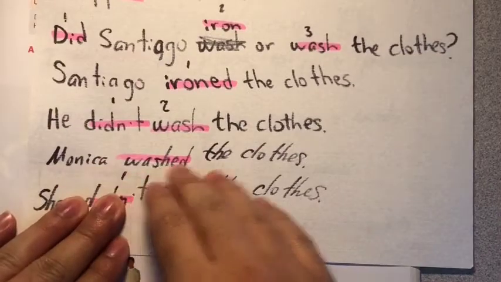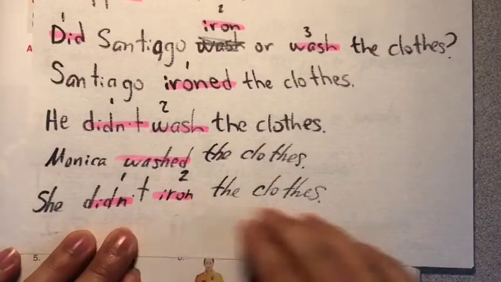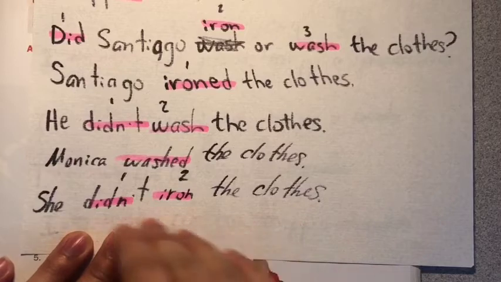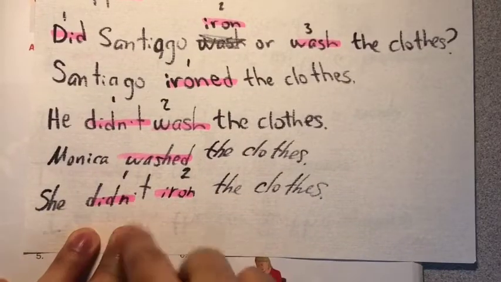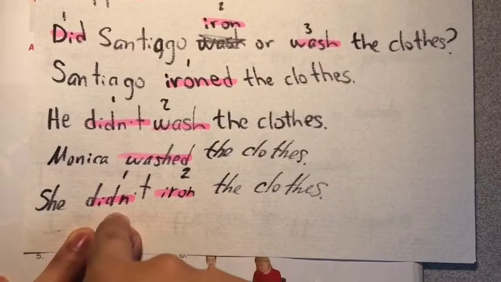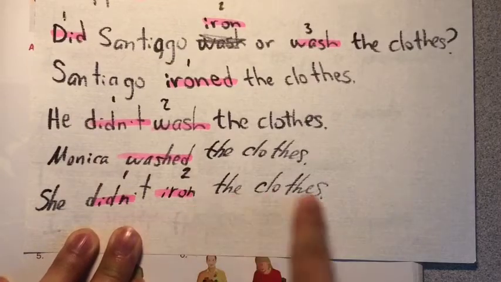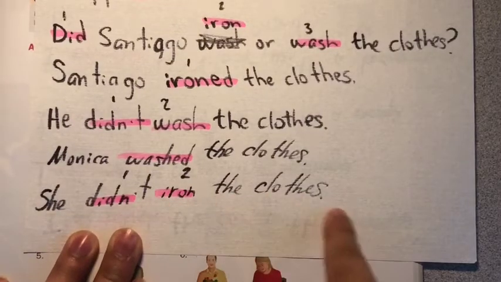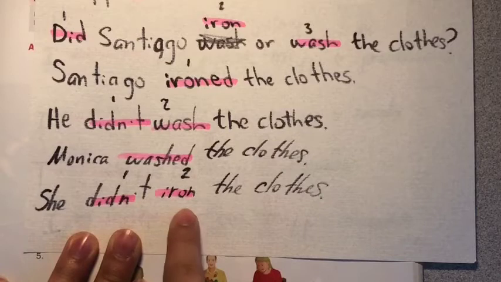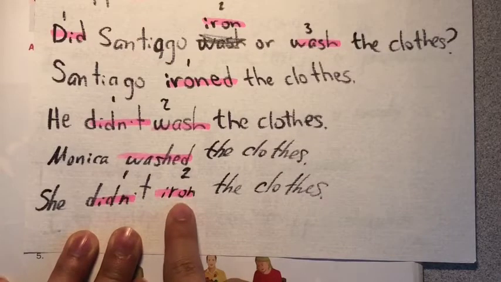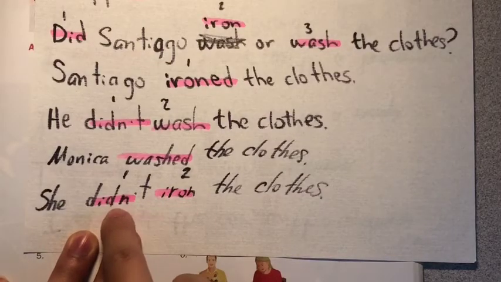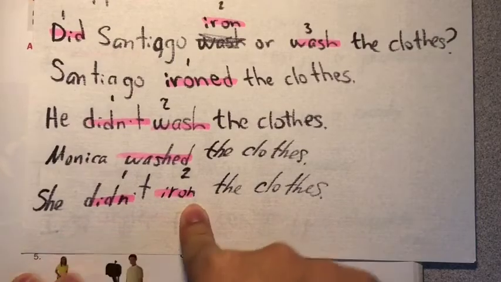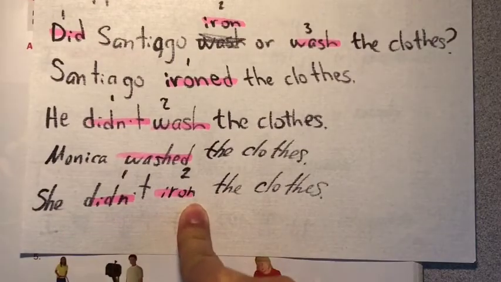Monica washed the clothes. This sentence is negative. It's a no sentence. So we say she did not iron the clothes. Because this sentence is a negative sentence, the word iron goes after the word didn't. So iron is in present tense.